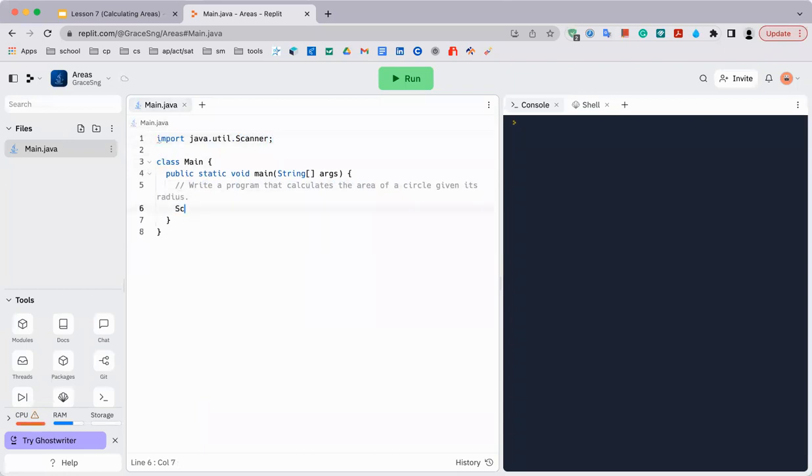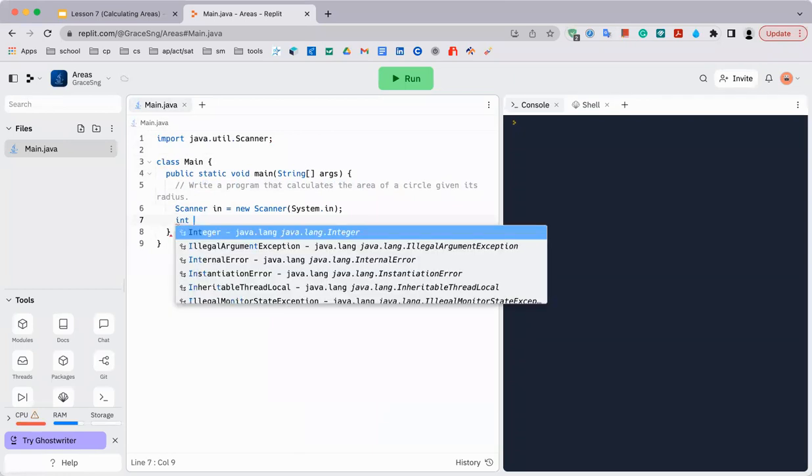So here, I'm just going to set up my scanner so that I can read input. And now I'm going to create a variable to store the radius. And I'm going to let this be an integer type.